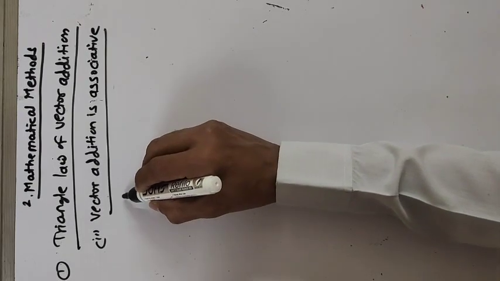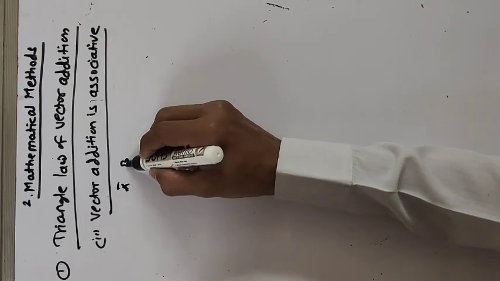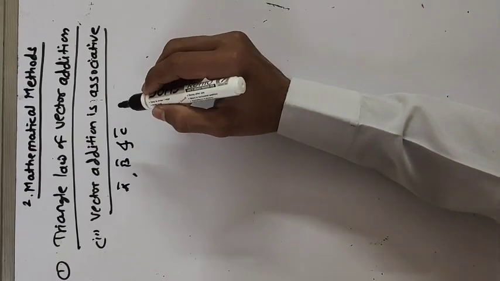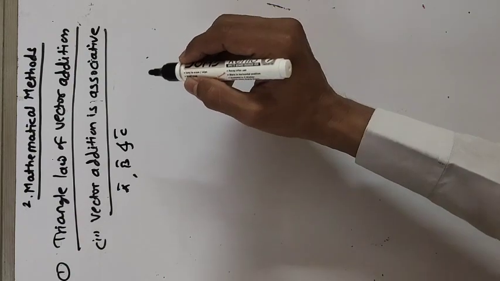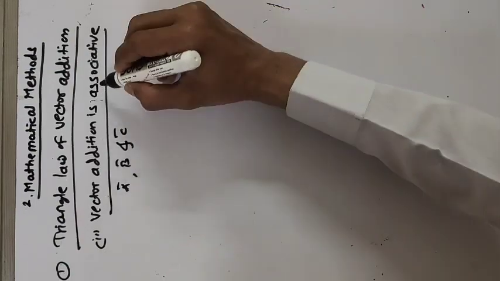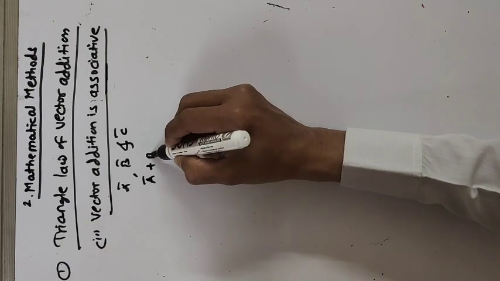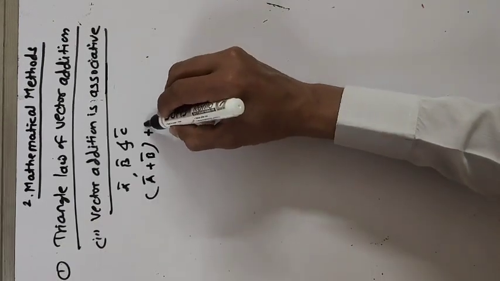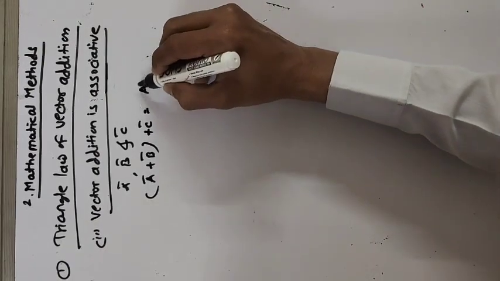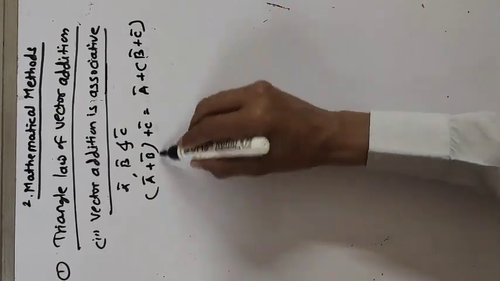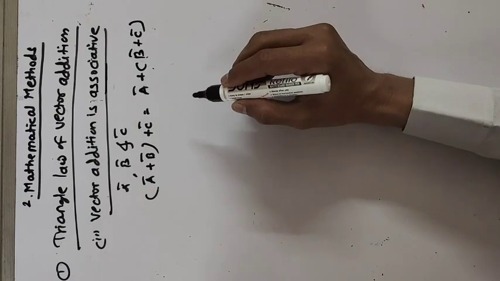For that we have to consider three vectors, a bar, b bar and c bar. These are three vectors of the same type. Then according to this law, a bar plus b bar plus c bar is equal to a bar plus b bar plus c bar, grouped differently. Okay, this is the associative law.